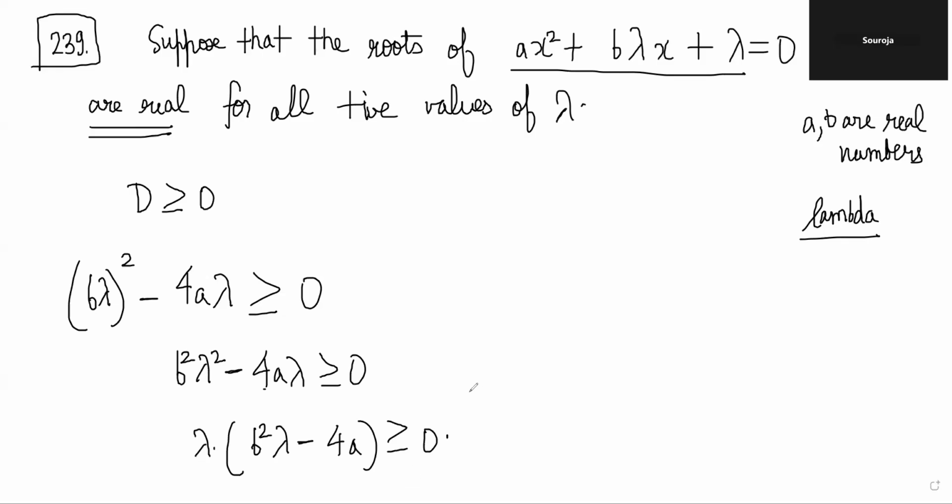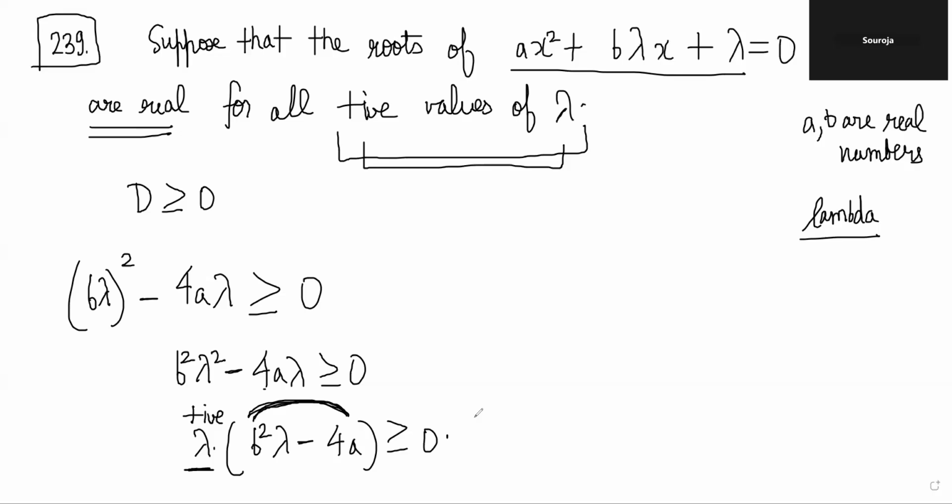Right. Now the question has said that the roots are real for all positive values of lambda. So you are only allowed positive values of lambda, so more than 0. So this value lambda is positive, we already know, right? So we can remove that from the inequality, because we already know the sign of this. So we can say for sure that this quantity must also be positive, then only the overall thing will be greater than 0.